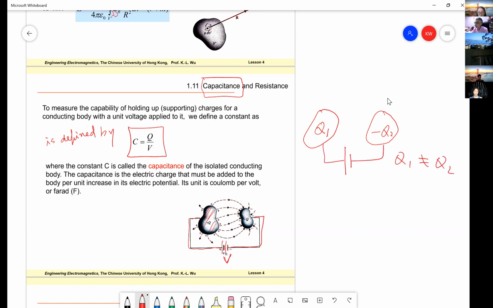Then I can find the voltage V. Tell me what is capacitance? The capacitance should be Q1 over V, or Q2 over V. So which one is right?